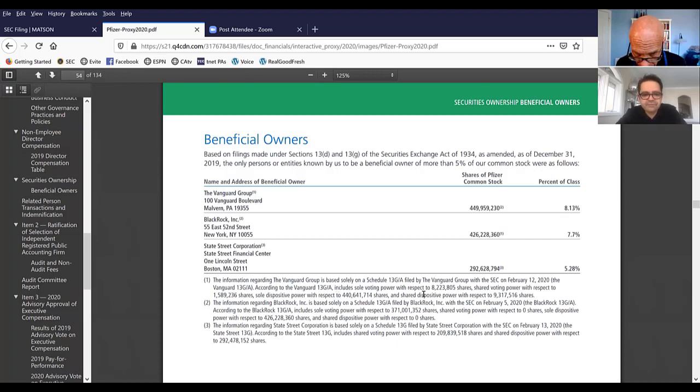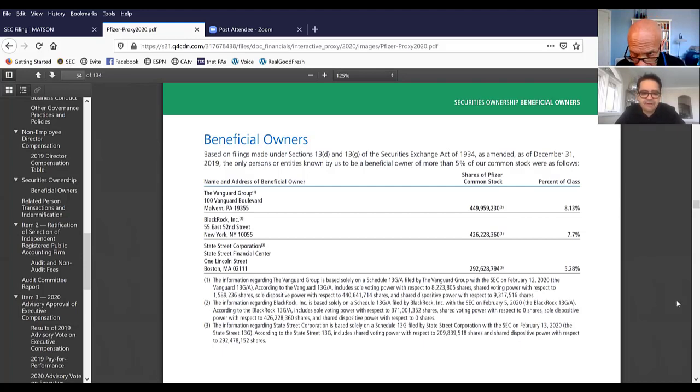In the footnotes, again, it's directly held shares, indirectly held shares, sole voting power, shared voting power, sole investment power, shared investment power. It's all information that's required to be disclosed in the 13G or the 13D, as well as the number of shares that they have a right to acquire within 30 days or 60 days, such as options, warrants, convertible instruments.